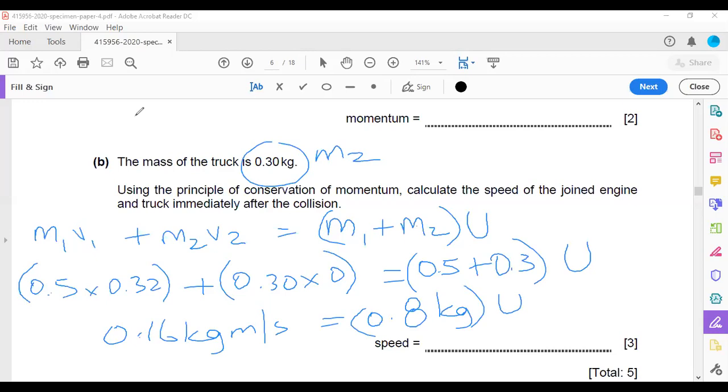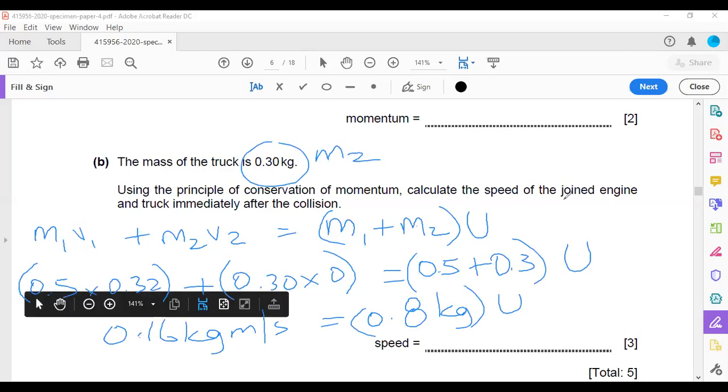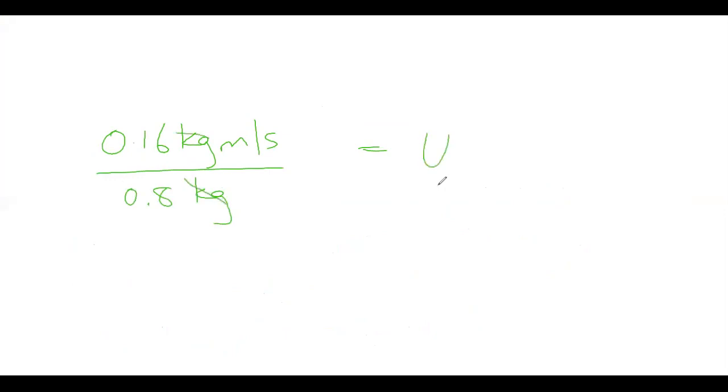So we want to make U the subject of the formula. How we're going to do that is we use the 0.16 kilogram meter per second divided by 0.8 kilogram, and that is U. Kilograms will cancel, so 0.16 divided by 0.8, you should get 0.2 meter per second as a velocity.